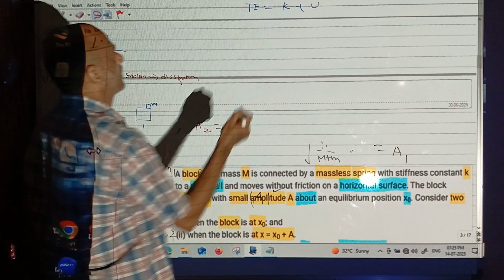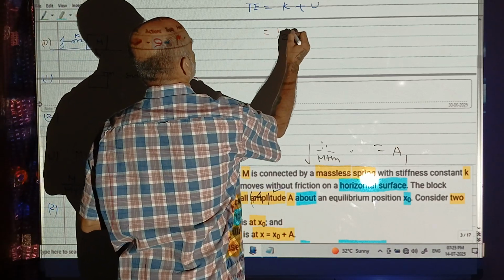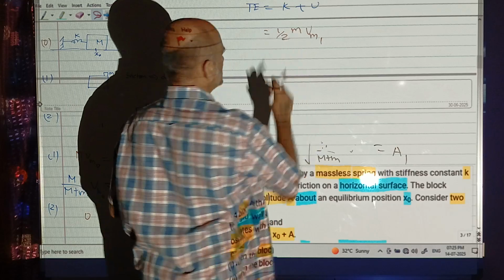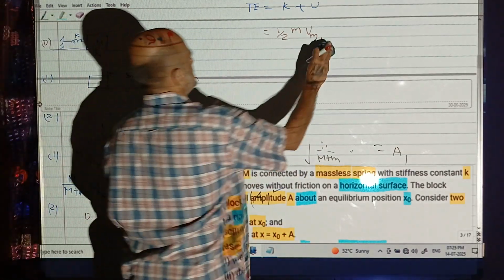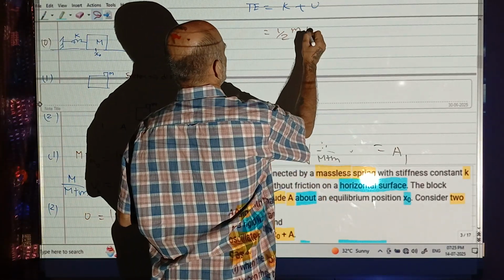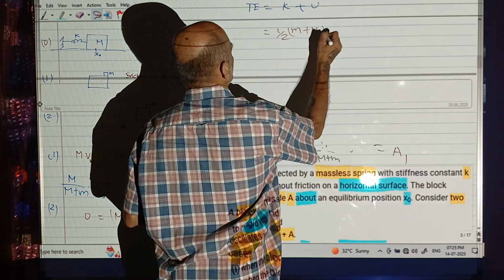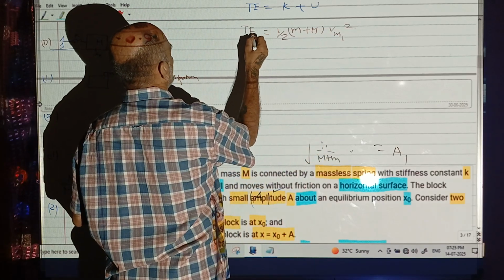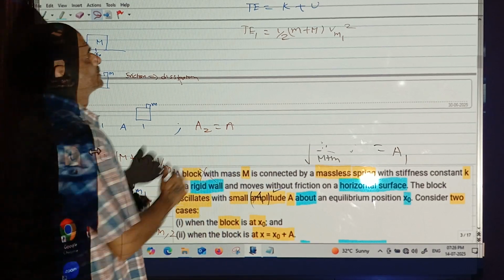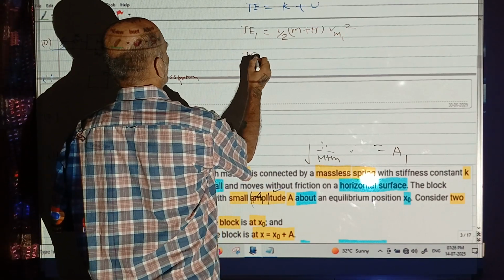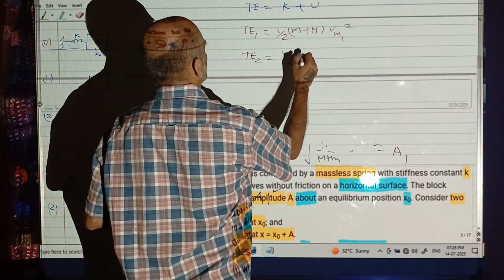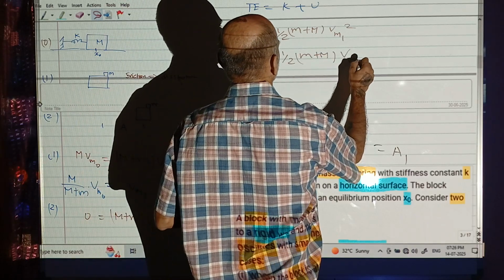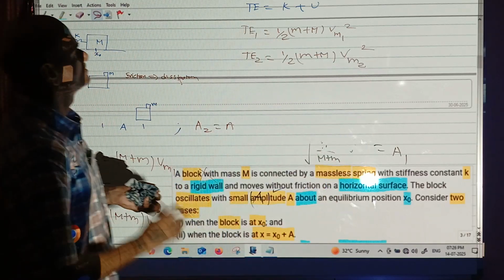Total energy is equal to half m v, the mean position velocity. In the first case, the mass that's moving is the combined mass, m plus n, so half (m plus n) v m1 square is the total energy in the first case. Similarly in the second case, half (m plus n) v m2 square.